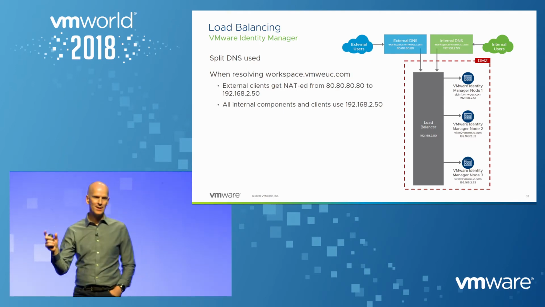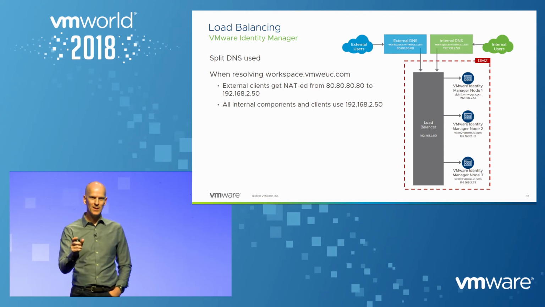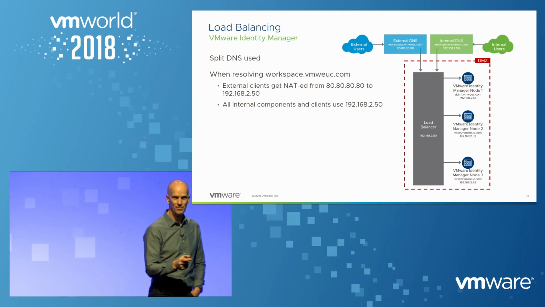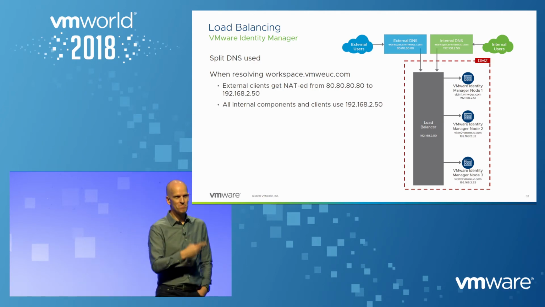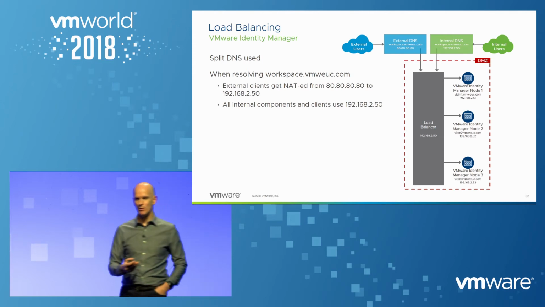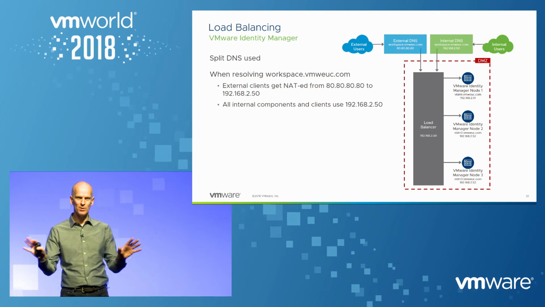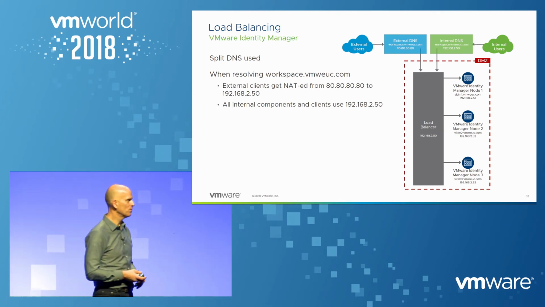The reason being the appliance has an FQDN setting in it, and once we change that setting, that's the only thing Identity Manager is going to answer to. If we don't use that FQDN, we're going to get stuff not working. So we need to use the same FQDN internally and externally, even if they're talking to two separate DNS infrastructures.